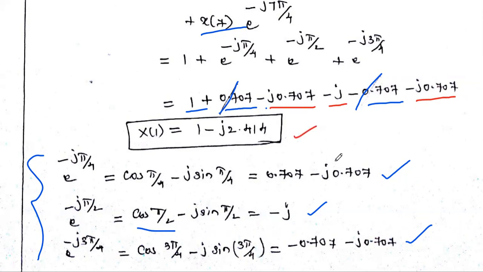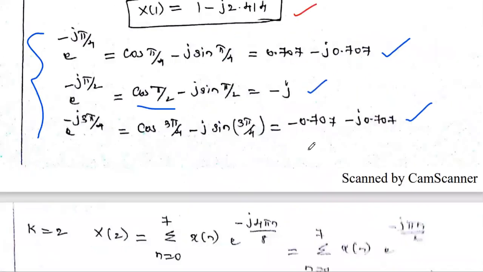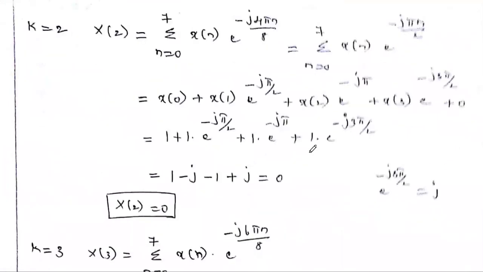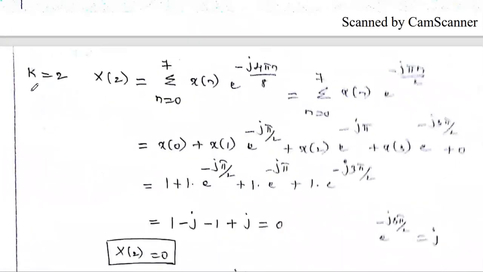In a similar way, you may calculate for k equal to 2, k equal to 3, k equal to 4, up to k equal to 7. Next, you just put k equal to 2 in equation number 1.